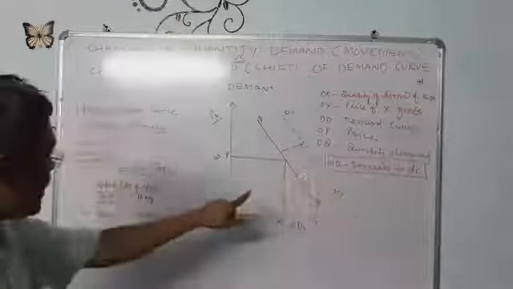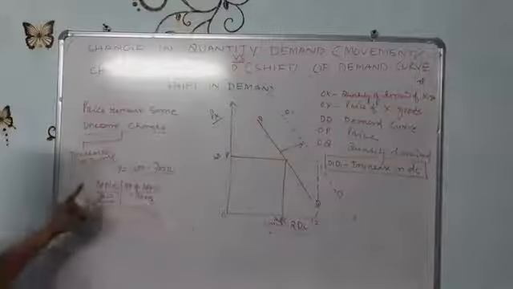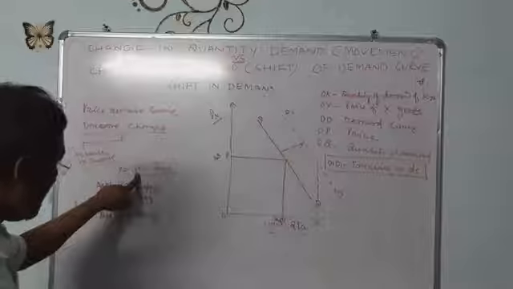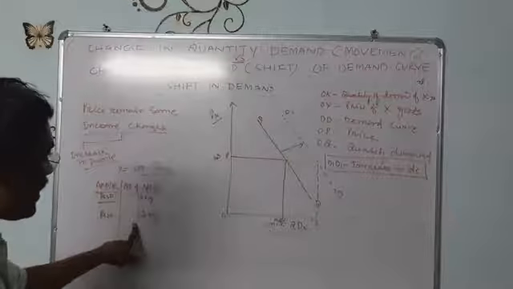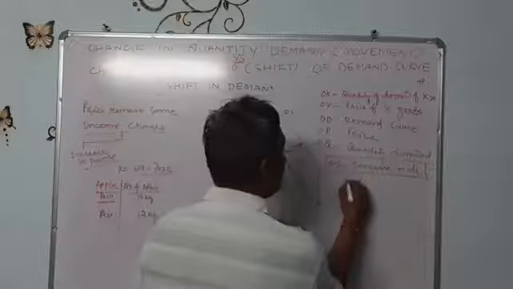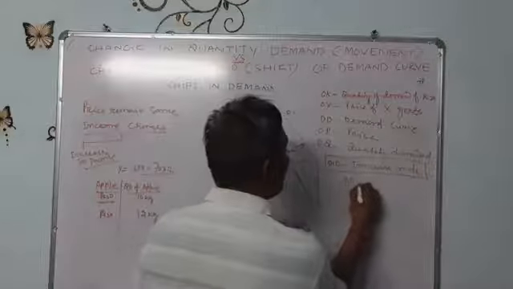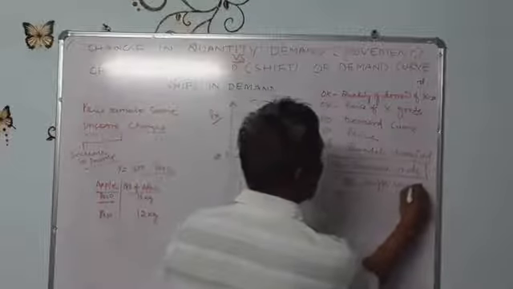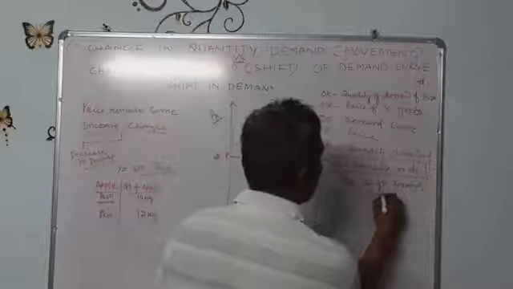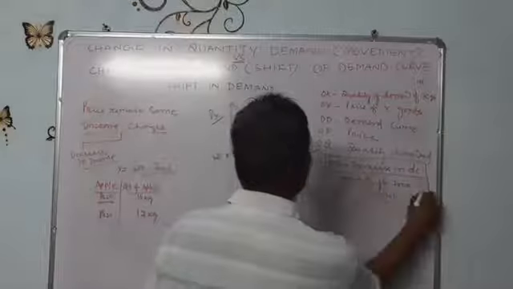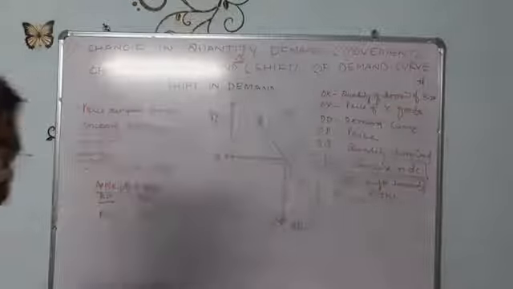That is called an increase in demand. It means when the price remains the same and income increases, demand increases, so the demand curve shifts towards the right. The rightward shift is known as an increase in demand.